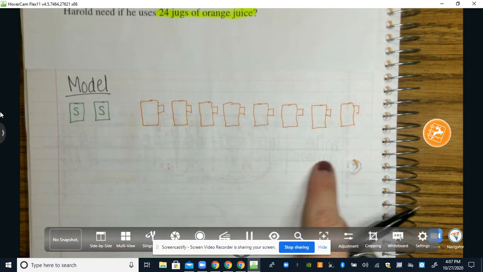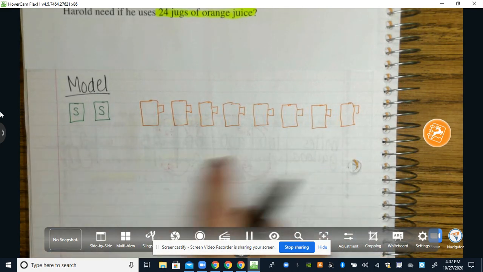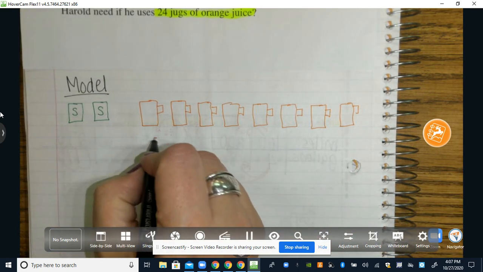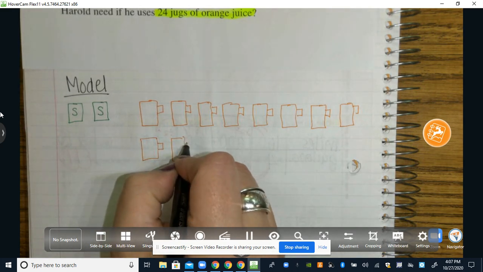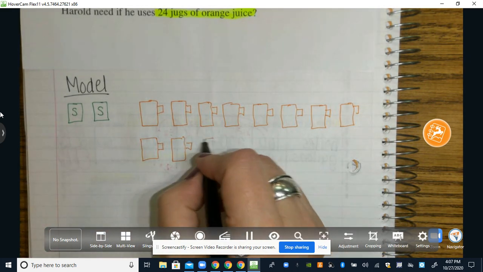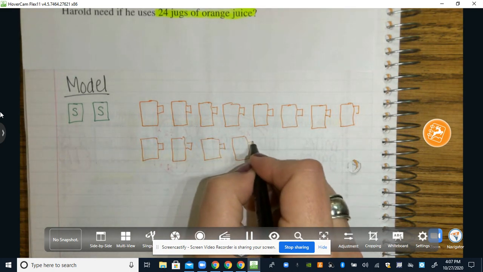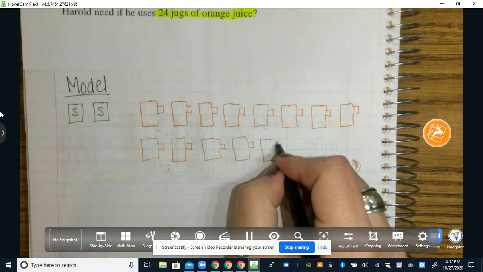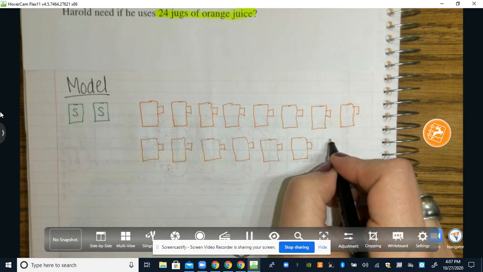But I need to get to 24. So if I add another round of orange juices, I will get a total of 16. Okay, so I'm almost done drawing.